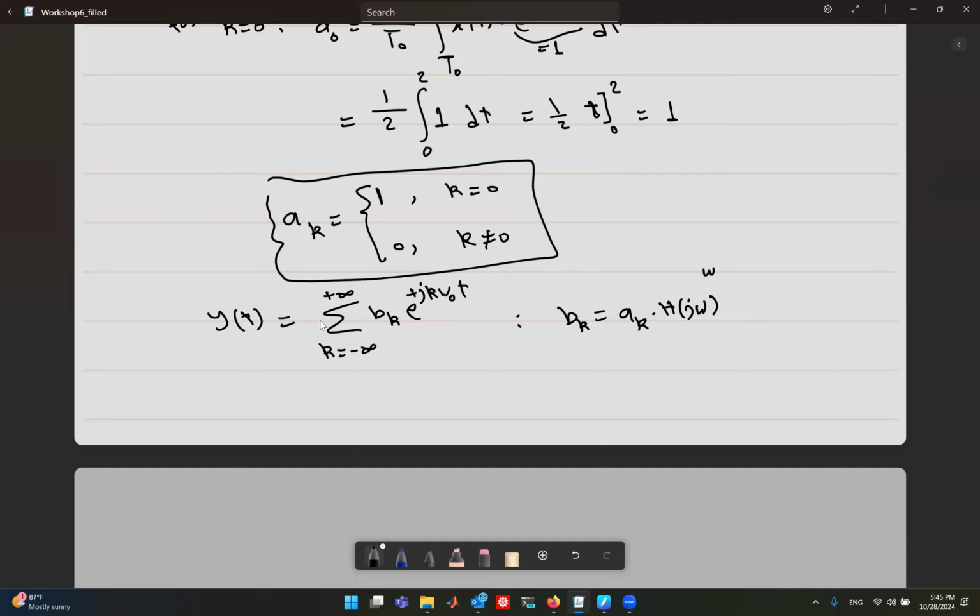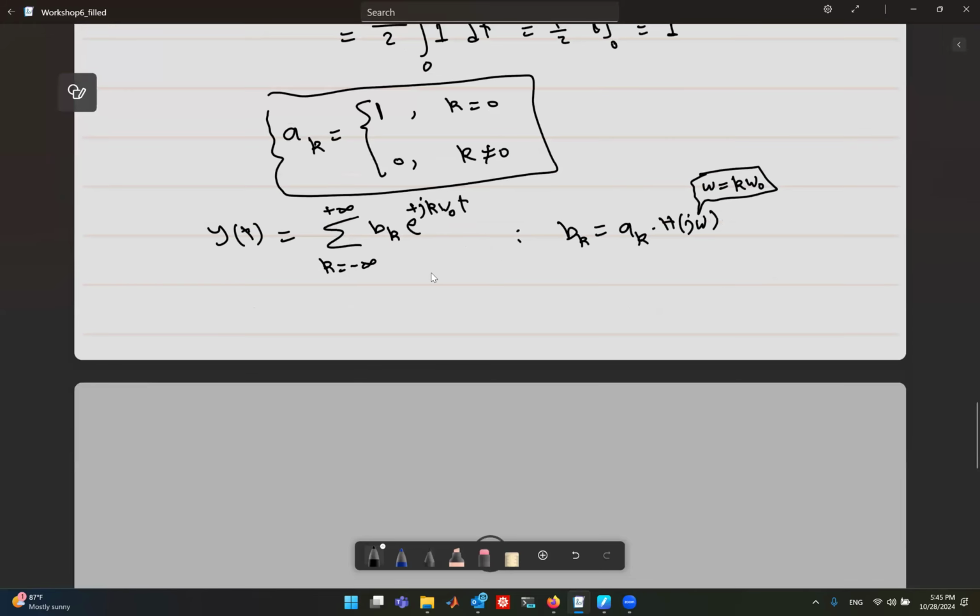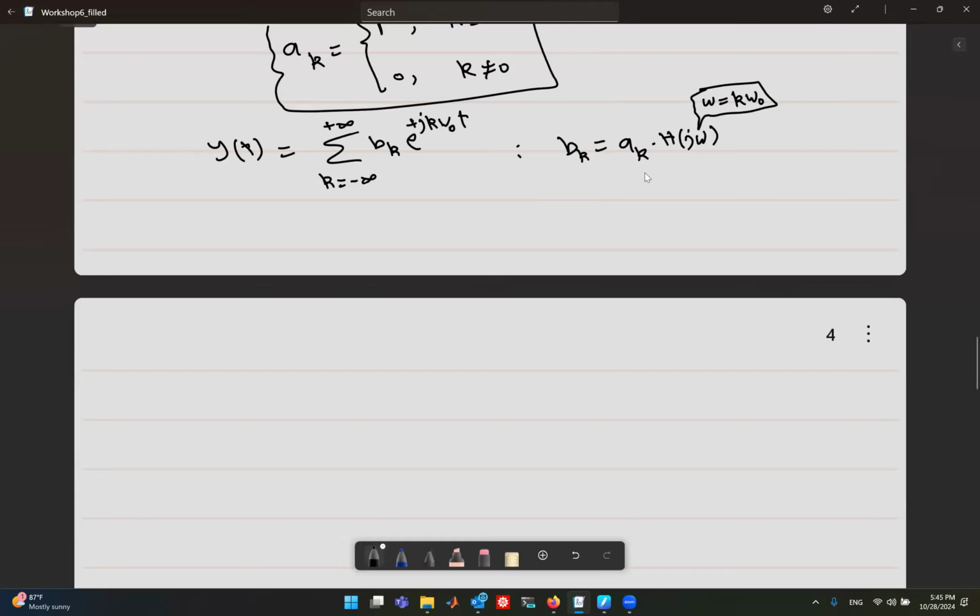And omega is just K omega naught. So let me substitute this in here. Then YT will be summation k equals minus infinity to plus infinity of AK times HJ K omega naught times exponential plus J K omega naught T.